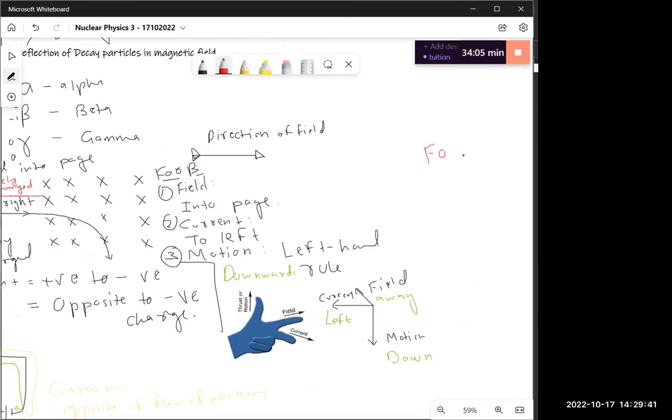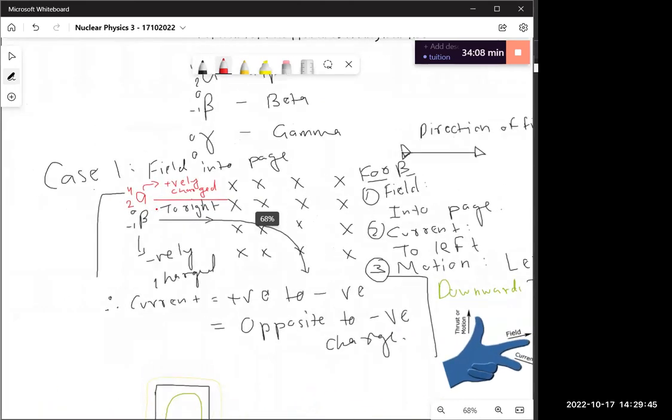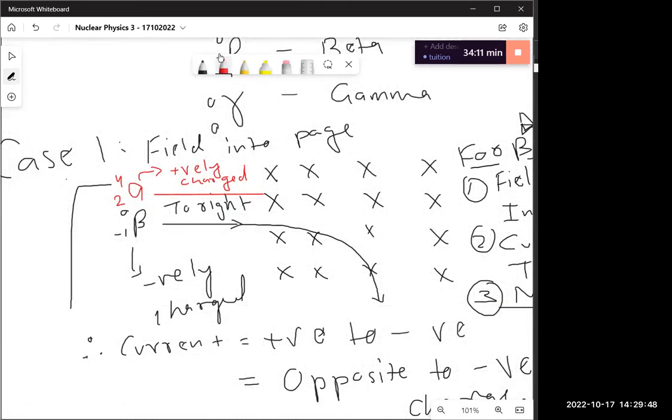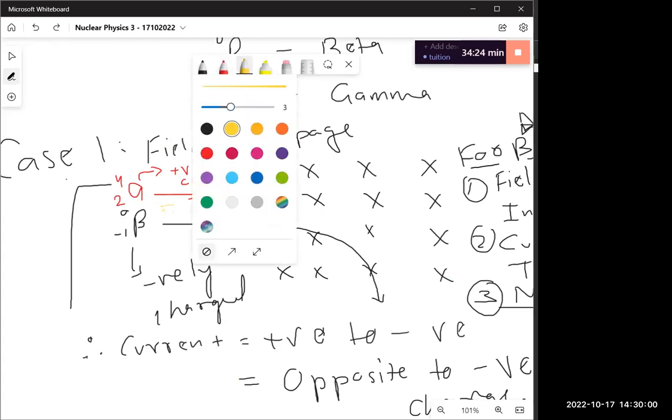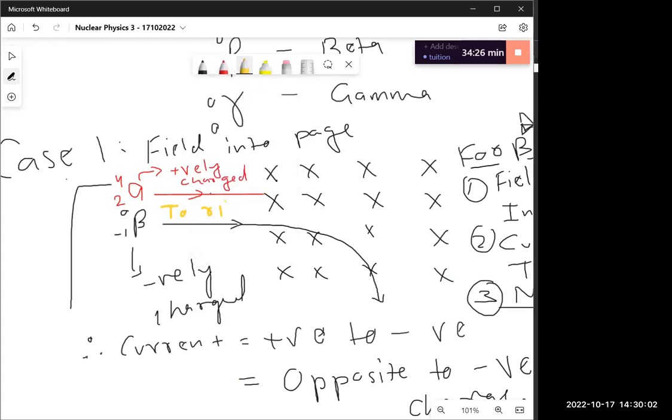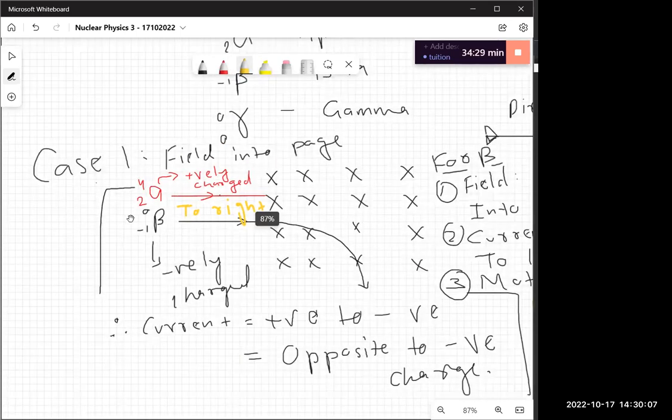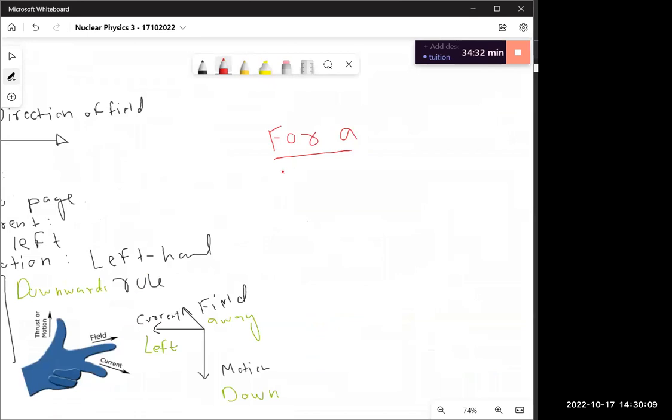First tell me, where is the alpha particle going? To the right. But the current direction is not going to be opposite because it's not negative. We only flip the current direction when it is opposite. Both of these are going to the right. Since they're going to the right and alpha is positive, the current will also be to the right, the same direction as positive.